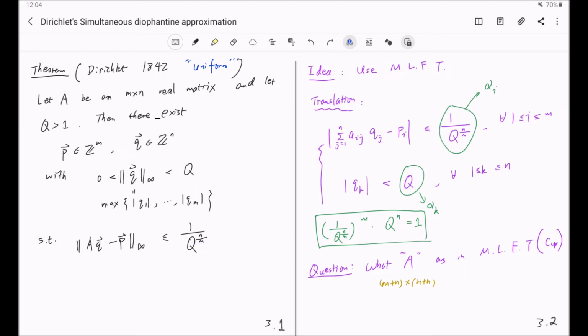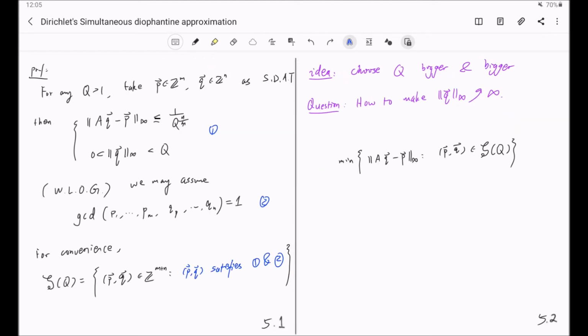So we have to be consistent. But anyway, there are only finitely many choices for the integer vectors p and q, so we can take the minimum. If you look at this minimum, I claim that this is positive.